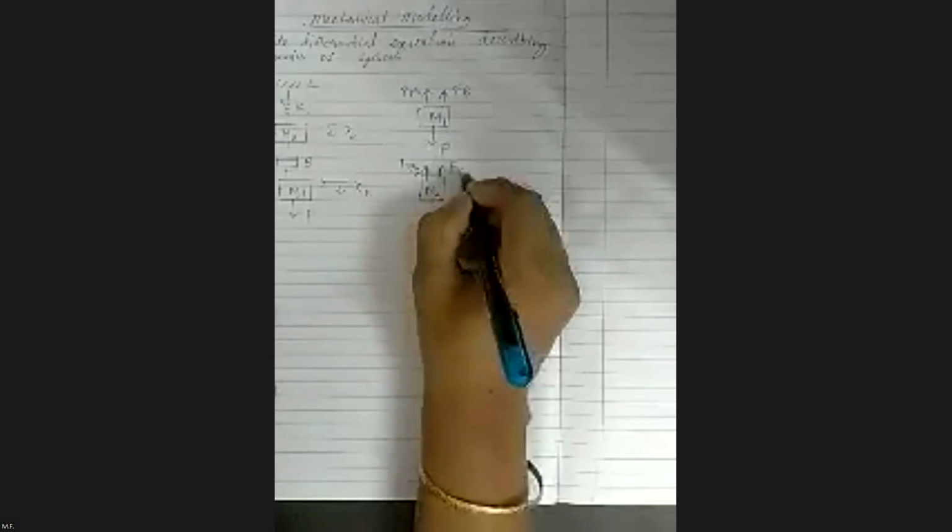So the force is applying on mass M2 in this direction. This mass will generate an inertia force Fm2, and you can see here a spring is also connected. So the spring will also generate an opposite force. Let this be represented by Fk. So this is called the free body diagram.